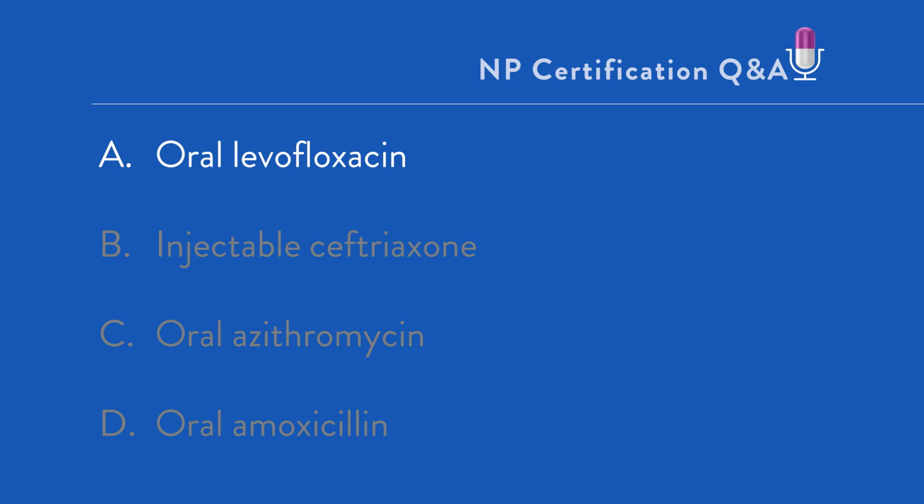Streptococcus pneumoniae, also known as the pneumococcal organism, is a gram-positive diplococci and is one of the most common community-acquired pneumonia pathogens in adults, and is also the organism that is most closely associated with fatal community-acquired pneumonia.